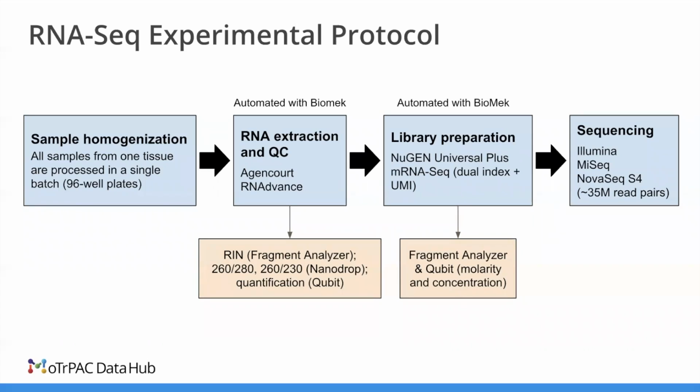Both of these kits facilitate large-scale sample processing, so these steps are automated with Biomek robots, and all samples of a tissue are processed together on a 96-well plate to reduce batch effects. QC metrics indicated in the orange boxes are collected and reported in the release, so you have those values available to you. And finally, after low-depth sequencing for QC and rebalancing of the pooled library, we submit the libraries for deep sequencing with Illumina's NovaSeq.